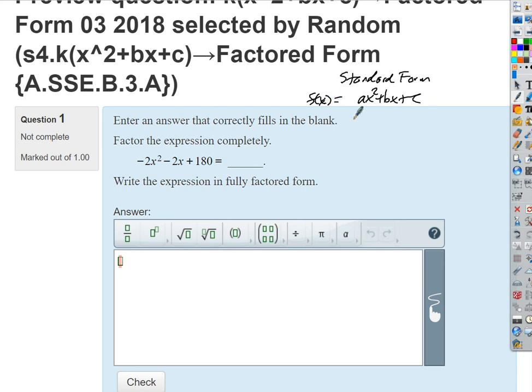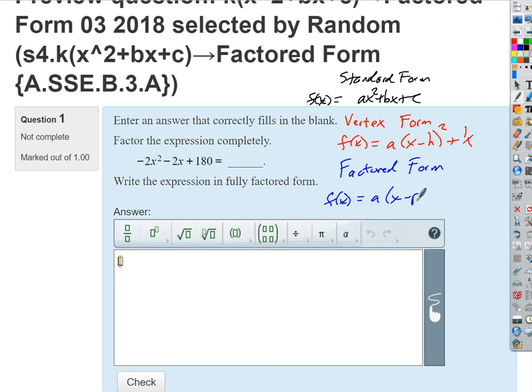We had vertex form from unit 3. We did a ton of stuff with that, right? Vertex form, f of x equals a times x minus h squared plus k. And then the new one was factored form: a times x minus p times x minus q.